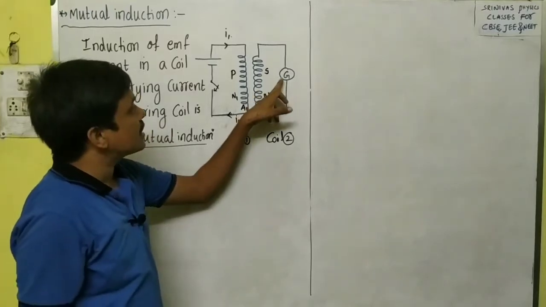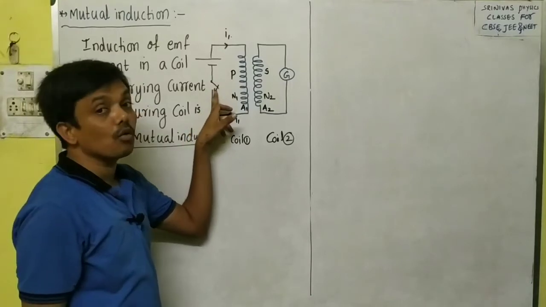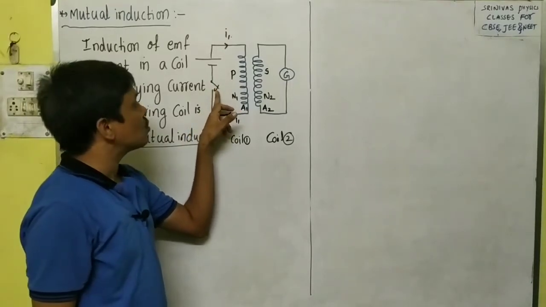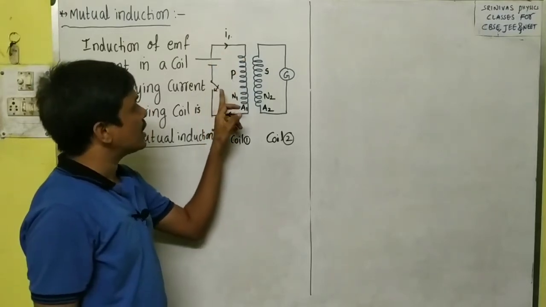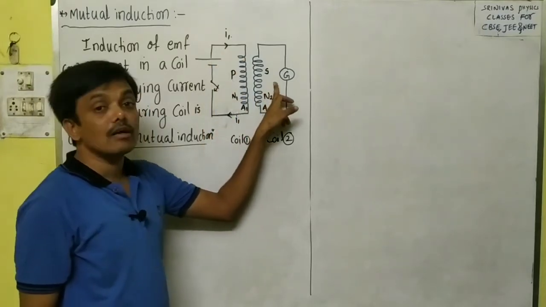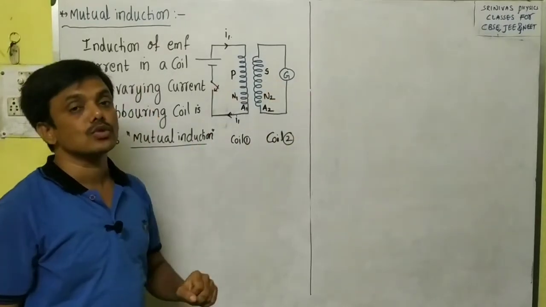The galvanometer shows deflection when we close the plug key or open the plug key, because while closing and opening, the current changes in the first coil. When current changes in the first coil, EMF is induced in the second coil. This phenomenon is called mutual induction.